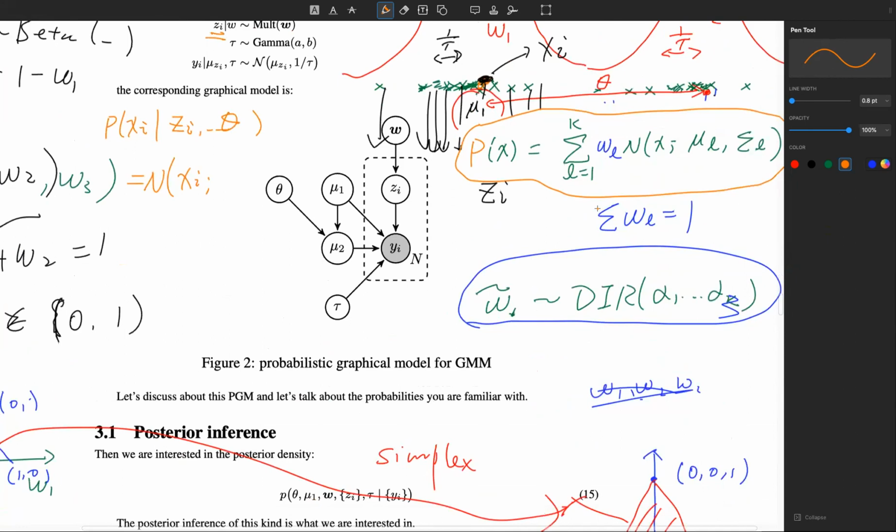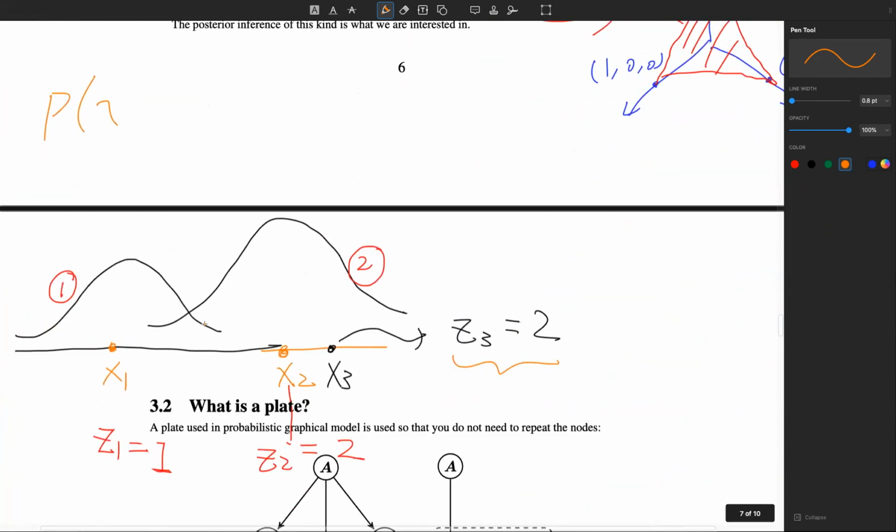So let me repeat again. The reason I have a Gaussian mixture model is that this data can belong to either this or that, right? It's more likely to be distributed from this distribution than the other one, but it has a probability to be distributed from either one of them. So you have some probabilities coming from this distribution, and this amount of probabilities coming from this distribution.